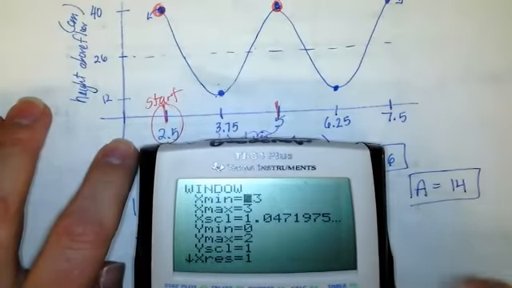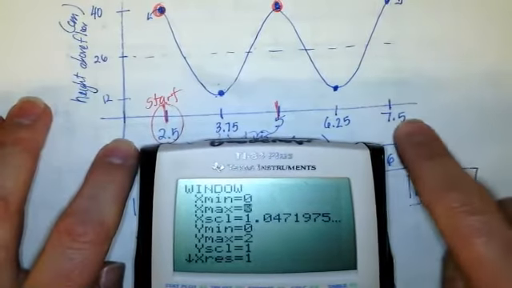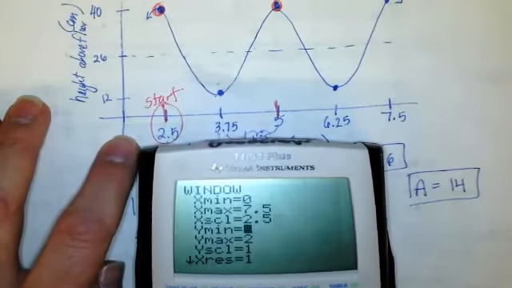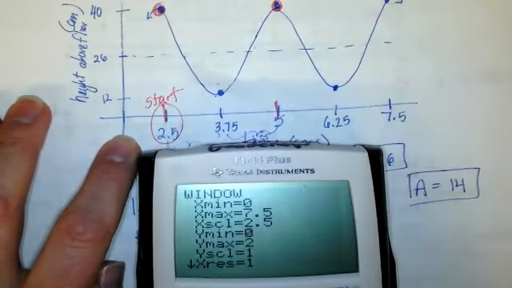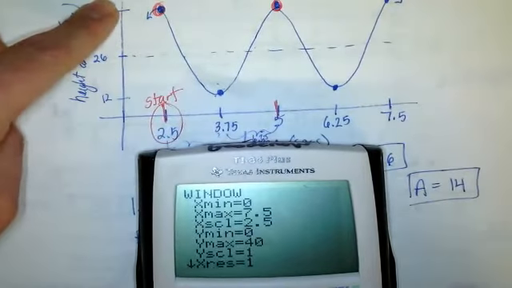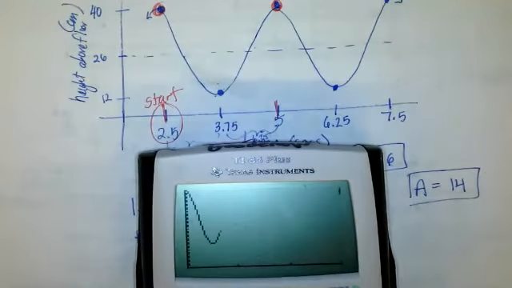I'm going to start at 0 and end at 7.5, counting by 2.5-ish. And I can start at 0 and end at like 40-ish. And there's our oscillating weight bouncing up and down for a small period of time.